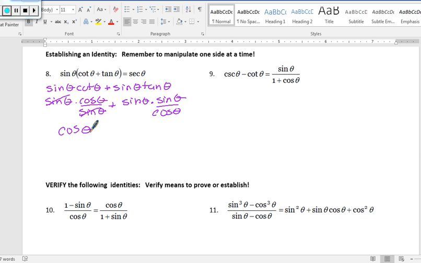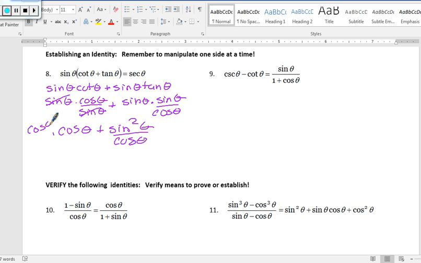On this one here, I'm going to multiply these together, and we're going to get sine squared theta over cosine theta. Now, in order to add, I need to get to one term, so eventually I'm going to have to add these guys together. So in order to add, you're going to have to get a common denominator.